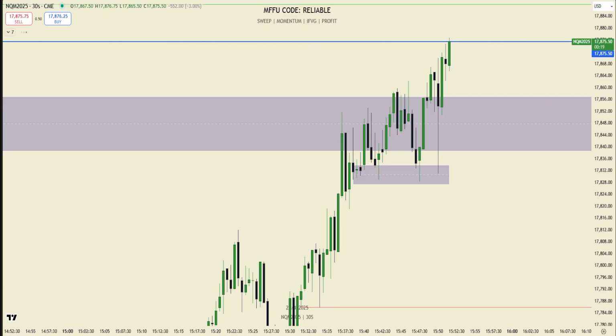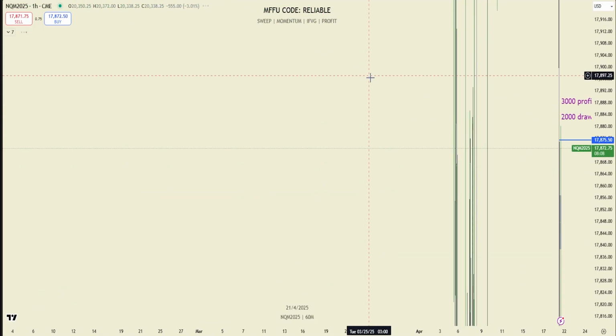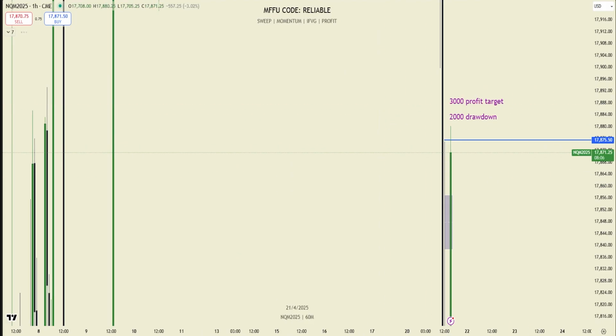Okay, so there's those highs. And now we'll just see how much higher this thing can go. That's an hourly SIBI, so we would expect price to kind of reverse from there.